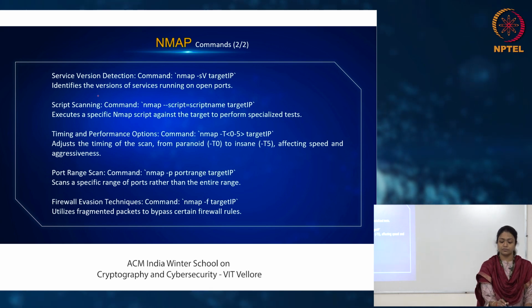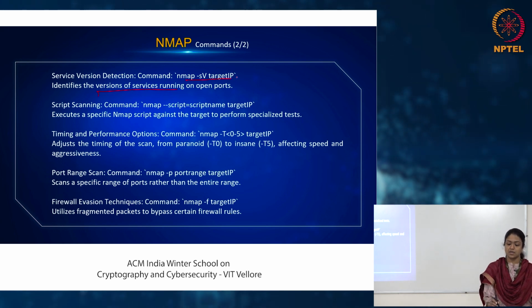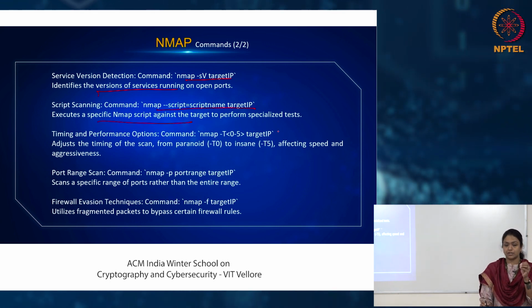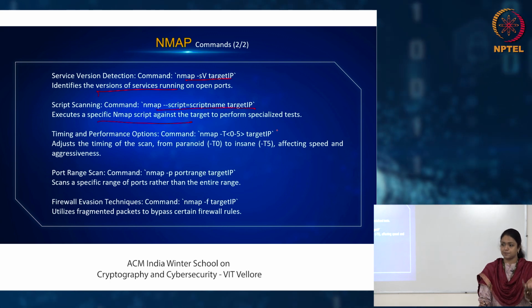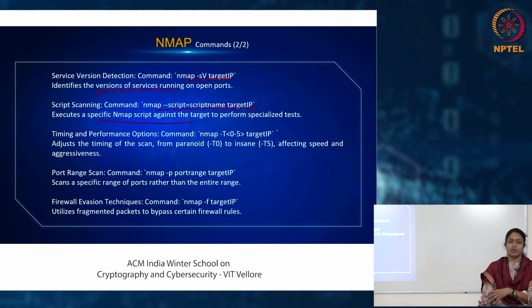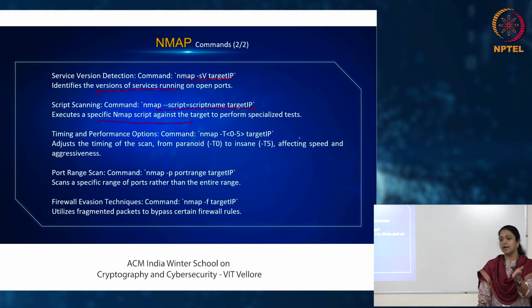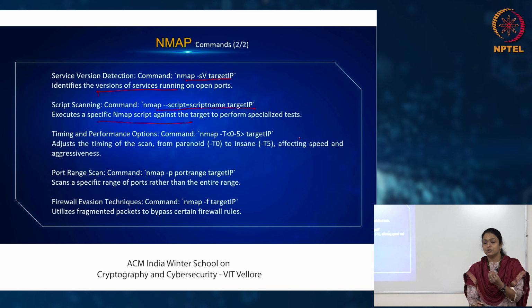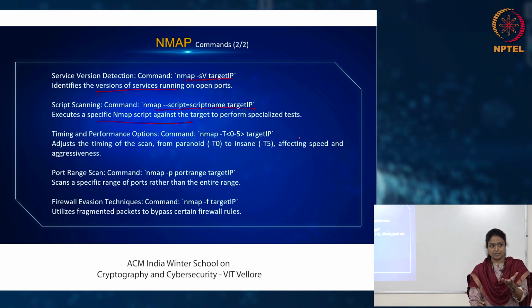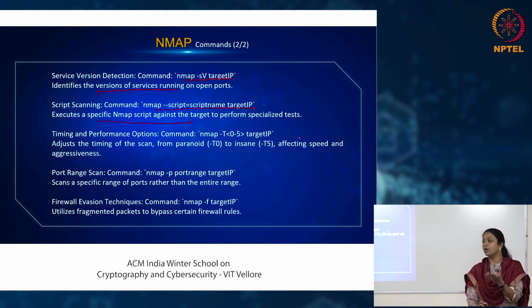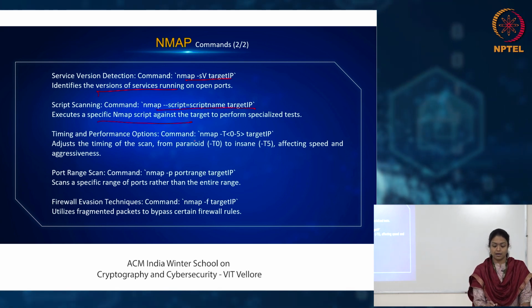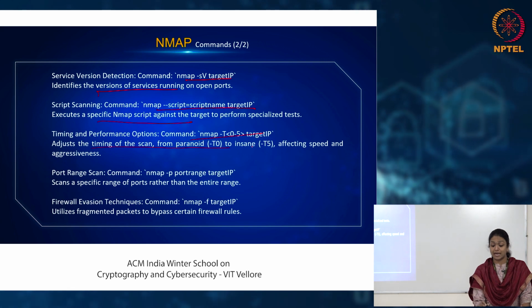And this is for version of services. If I want to check for some specific Nmap script, I want to initiate this particular script against a particular target IP. For example, if in an advanced way I want to create some exploit, I will initiate the script through that particular target IP address, and here I will do a timing scan.